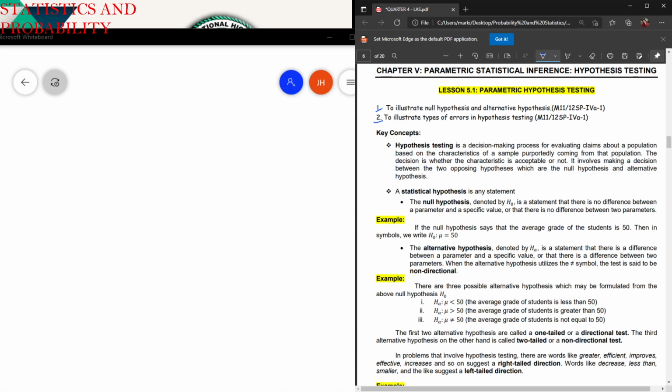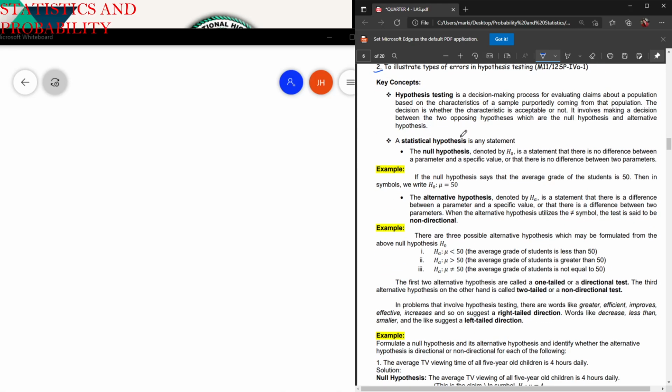So what is hypothesis testing? It is a decision-making process for evaluating claims about the population based on the characteristics of a sample coming from that population. Okay, sample, population, I know you know the meaning of that. So the decision is whether the characteristic is acceptable or not.